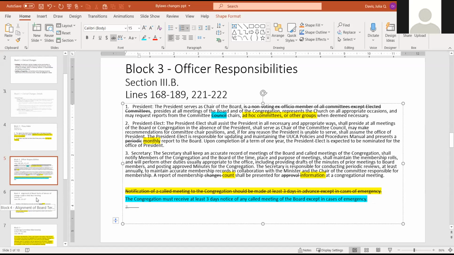Hi, I just sent a note, and Greg and I agree with Andy that the simplicity of the wording in paragraph 1, we're in favor of that. And that's what we're voting on. Okay, thank you. The changes in blue and yellow are what we will be voting on.